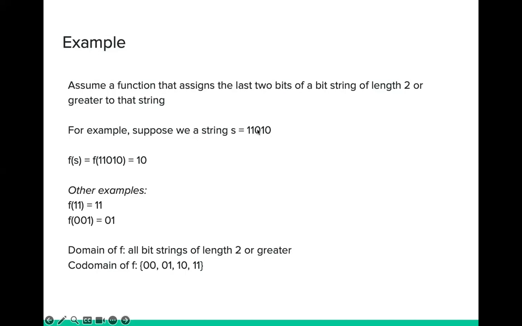So for example, let's modify the string S. It could be 11100, or it could be 11001, or in this case it's 11010, or it could be 11011. So these are the only possible last two bits that we can have.